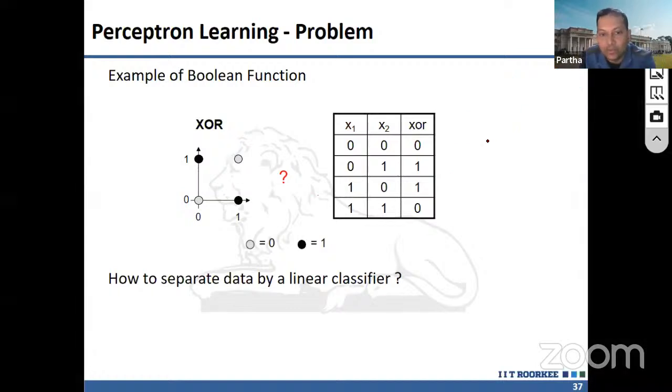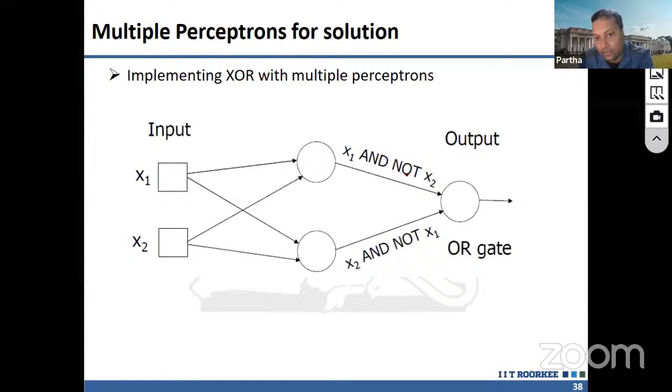A single perceptron will not be able to solve these kinds of complex problems where the data are not separable by a single line. So we now require the help of multiple perceptrons, where each perceptron solves some part and then finally combines their solutions.